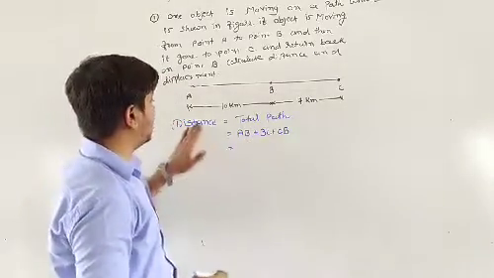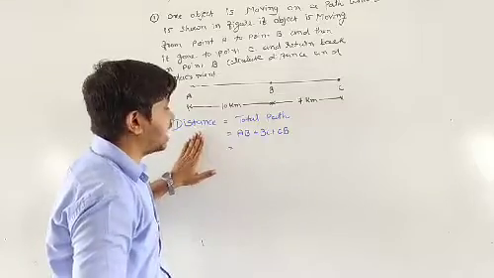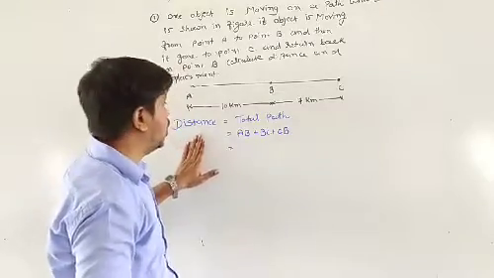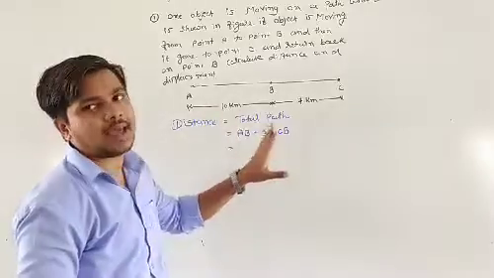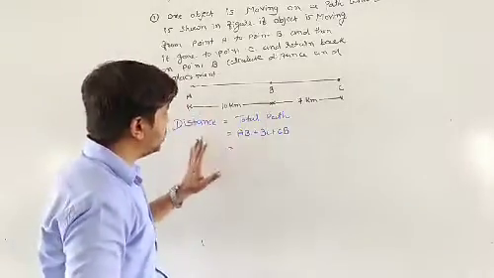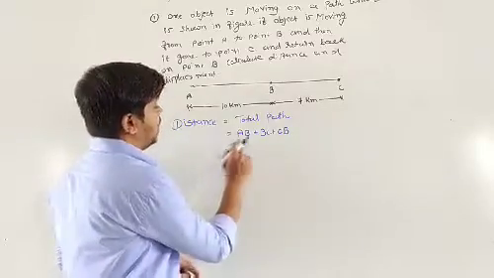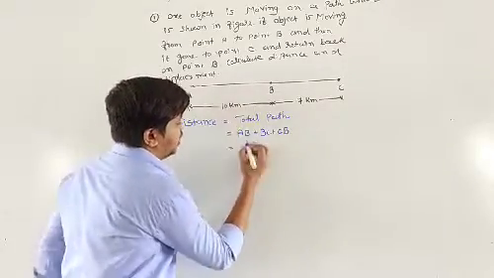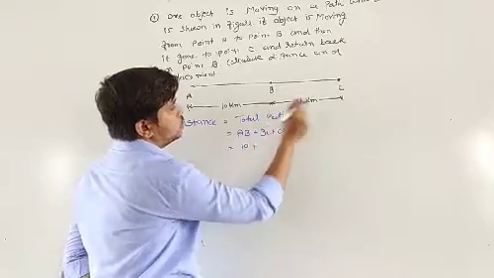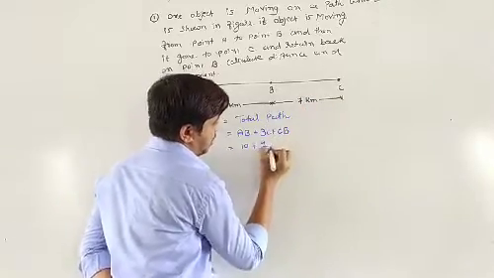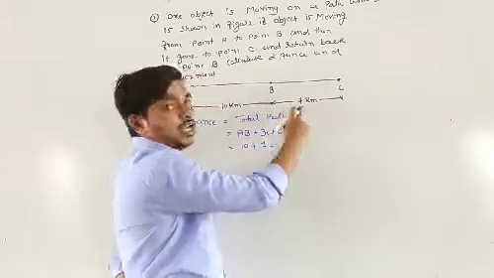Here, as you know, distance is a scalar quantity. You do not need to describe a direction here. You just take the magnitude, a value only. So AB means 10 kilometers, BC is 7 kilometers, and CB is 7 kilometers.